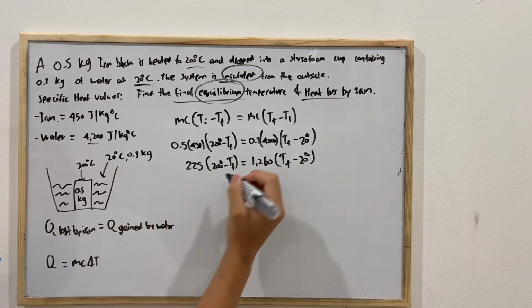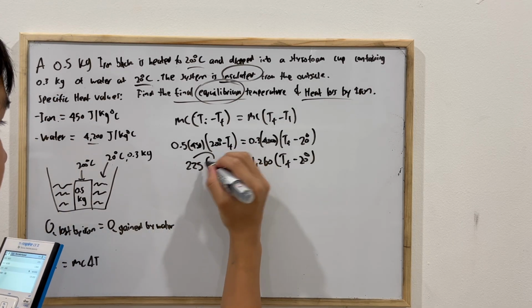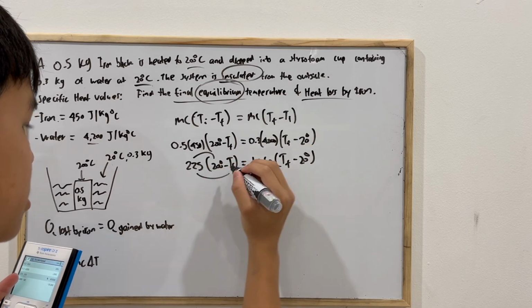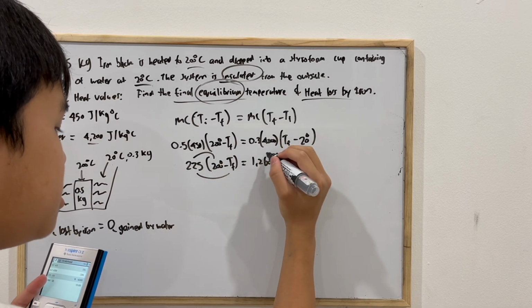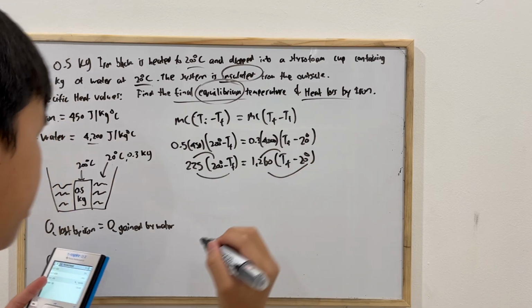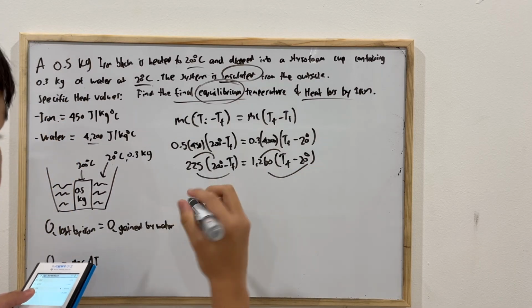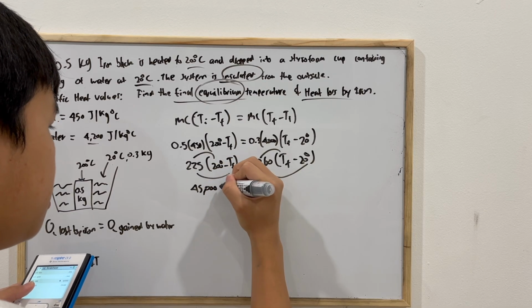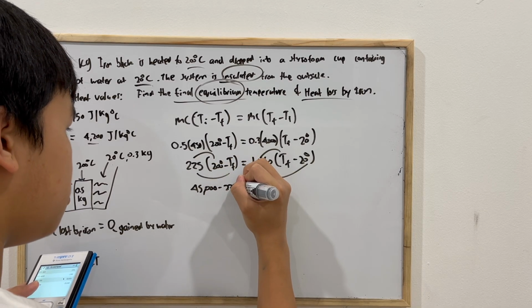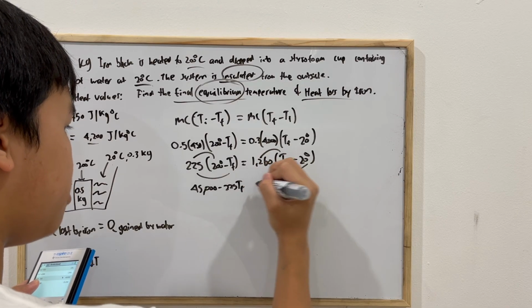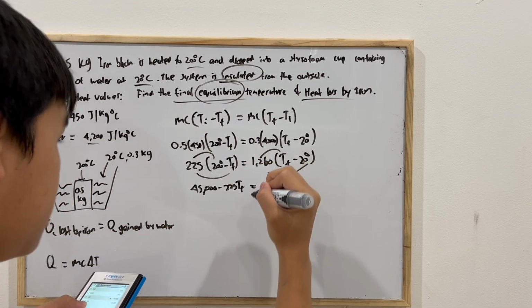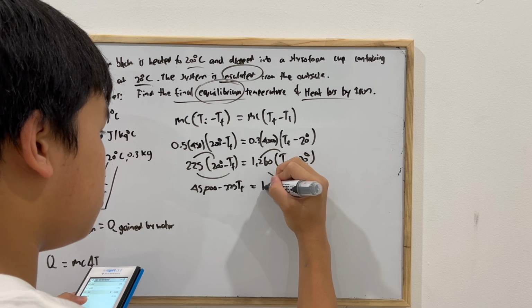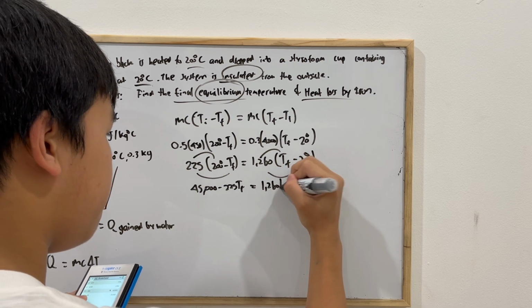To isolate just TF alone, we're going to multiply 225 onto the parentheses and 1,260 into this parentheses as well. This side is going to get 45,000 minus 225 of the final temperature equals 1,260 of the final temperature.